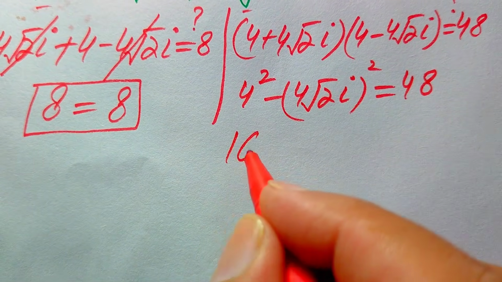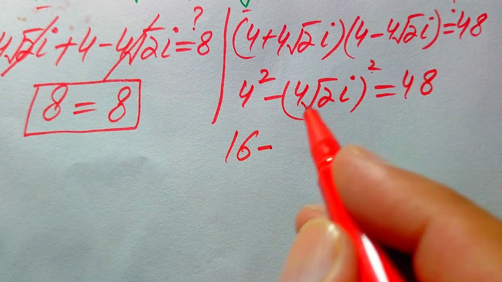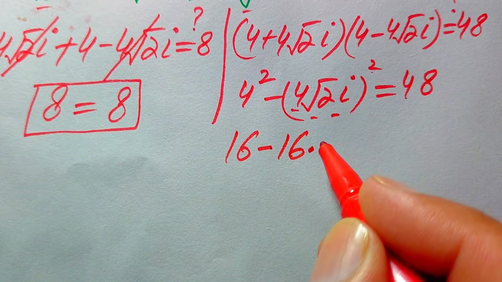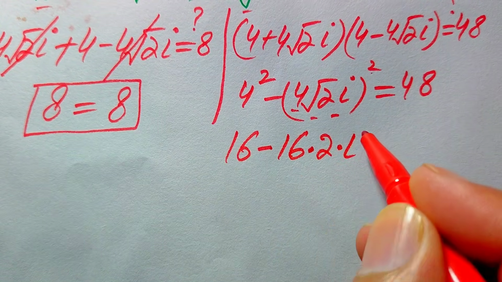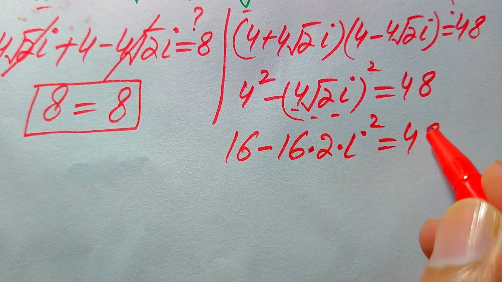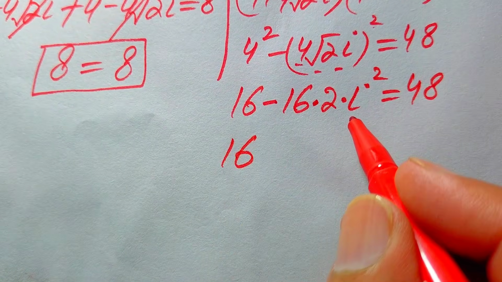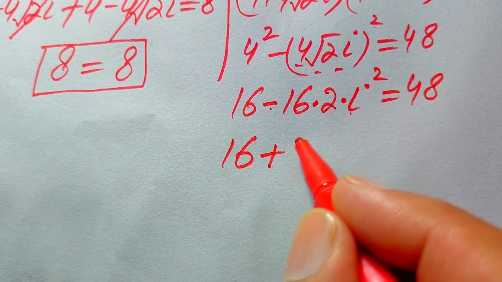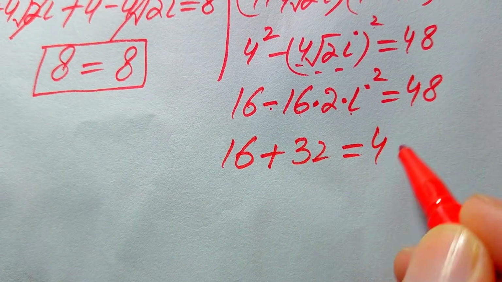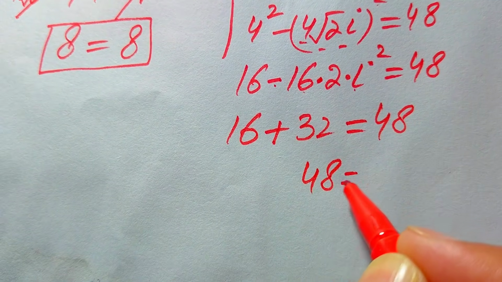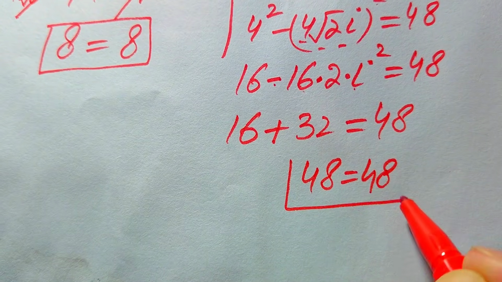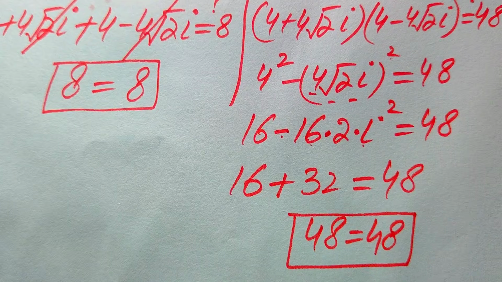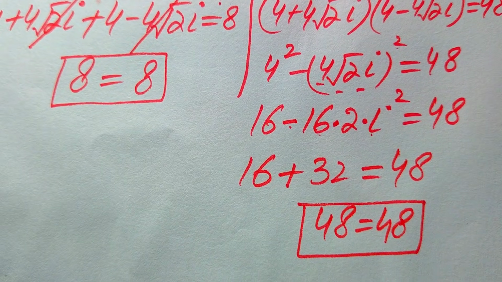So 4 square becomes 16, and from here we square each of these values: 4 square becomes 16, the square root of 2 square becomes 2, and iota square stays iota square. You know that the value of iota square is minus 1, this minus and minus becomes plus, 16 times 2 becomes 32 equals 48, and we clearly get 48 equals 48. This shows that both sides are equal. It means that the above roots satisfy our given question statement, and this is the final answer.